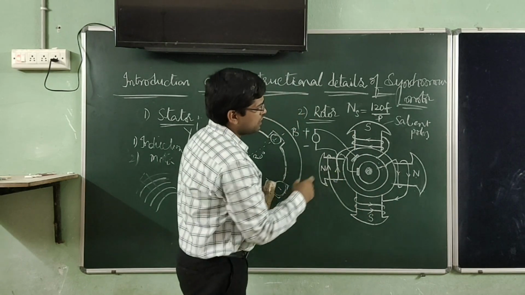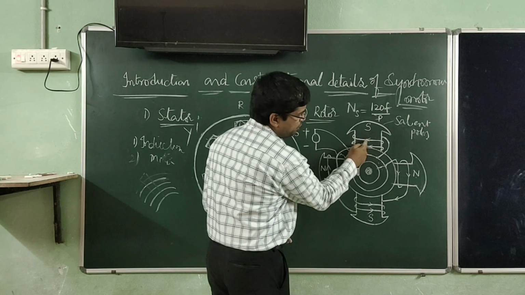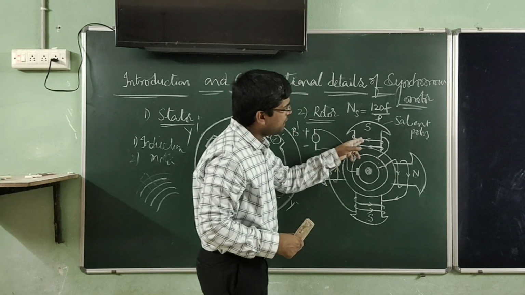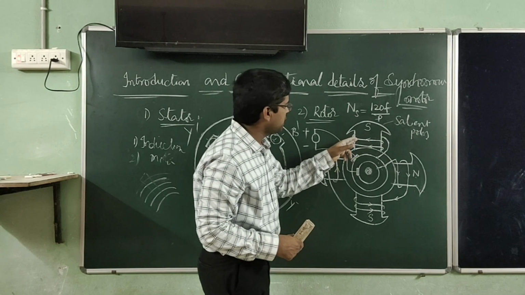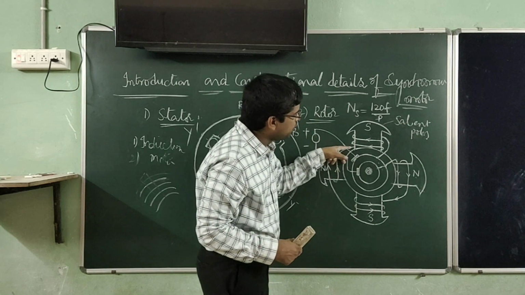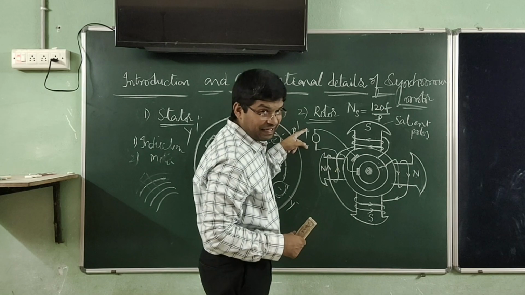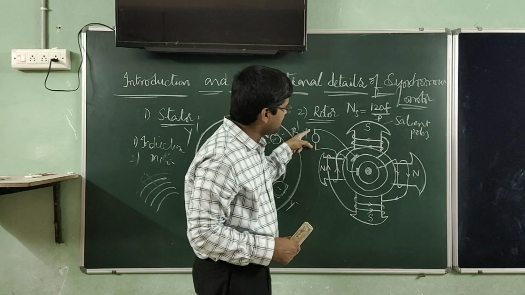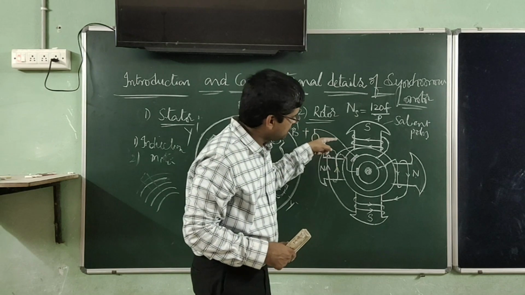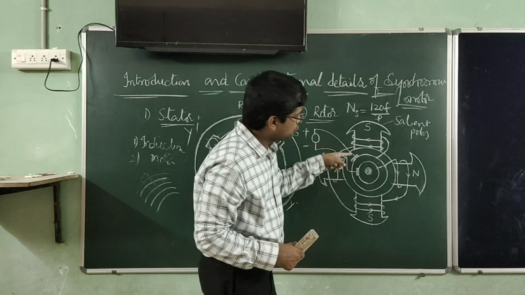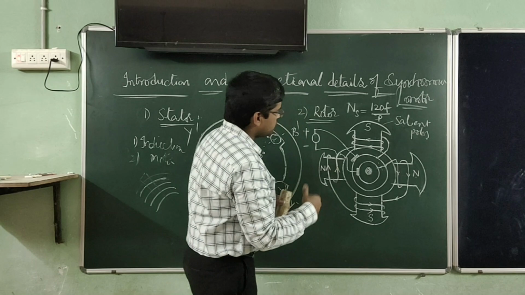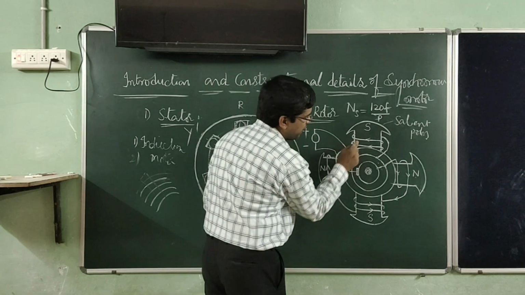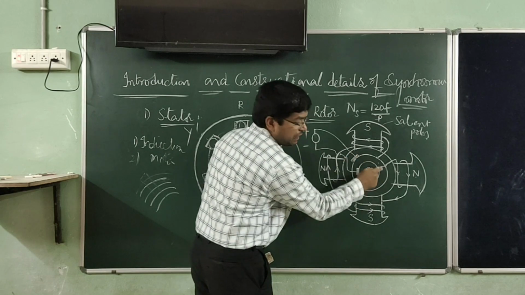Now, what is this current? The current flowing through the field winding is called the field current. This field current can be obtained by simply connecting the field winding to a DC source. In order to give DC supply to this field winding, we have used slip rings.